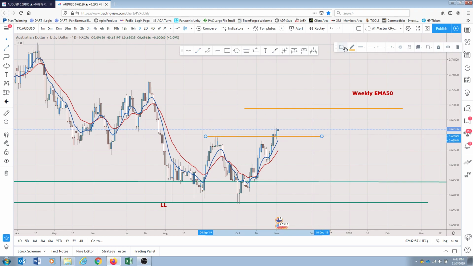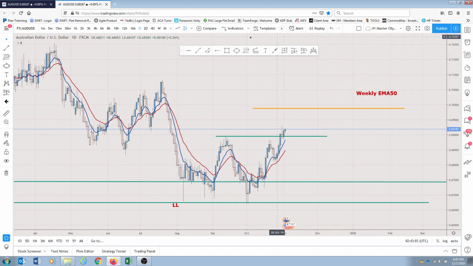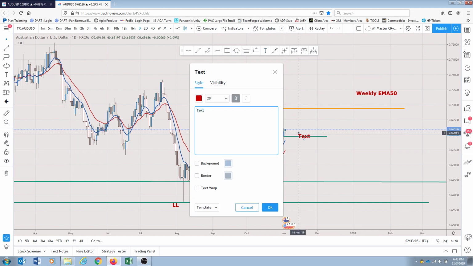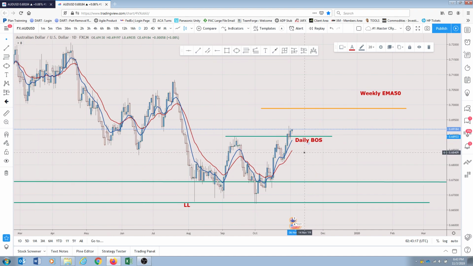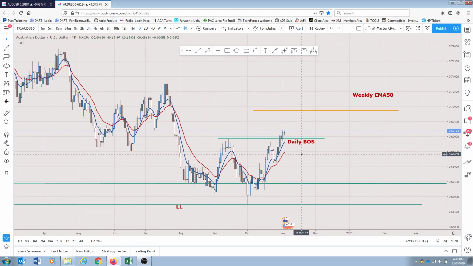Let me change this color. So you can make a note with another notation: daily break of structure, because a break of structure on a daily time frame means a whole lot more than a break of structure on a 15 or 30-minute chart.